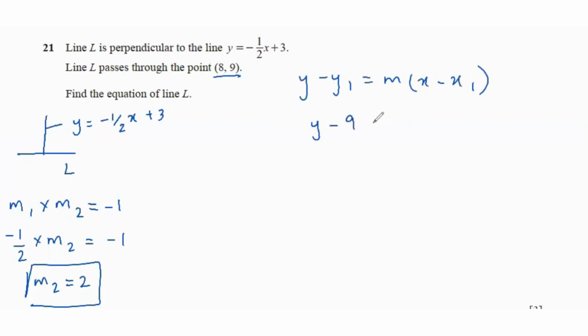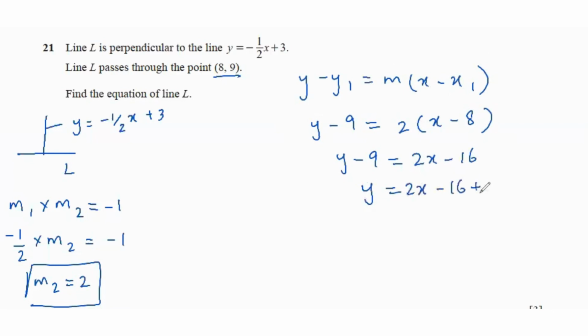So y minus 9 equals 2 times x minus 8, which is y minus 9 equals 2x minus 16. y equals 2x minus 16 plus 9, which is going to be minus 7. So y equals 2x minus 7 is your answer.